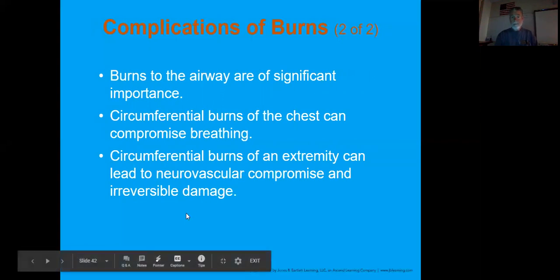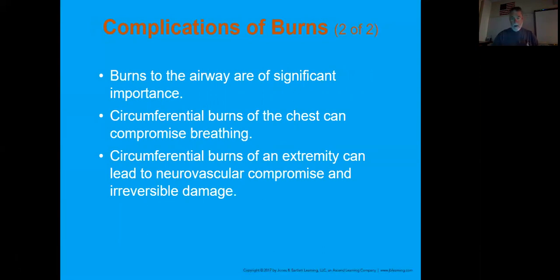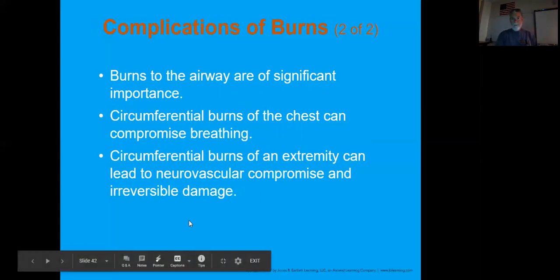Significant burn, we start worrying about the airway. They suck in something that's a heated gas or from a flash that has the potential to damage your airway. Circumferential, meaning it goes all the way around. As that swelling increases, it can decrease the ability of that person to expand and contract their chest.